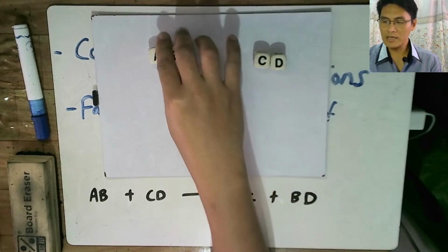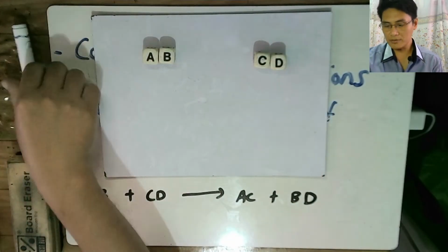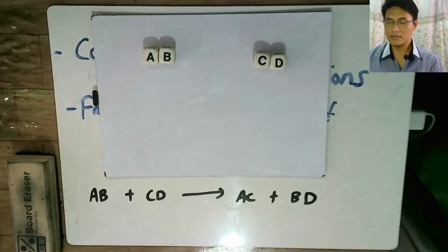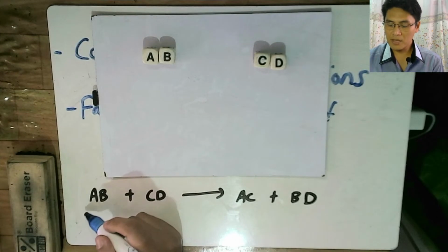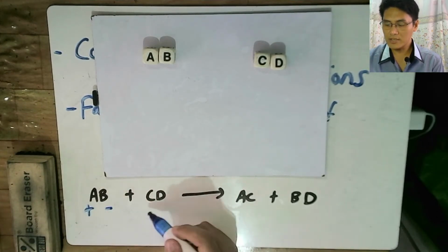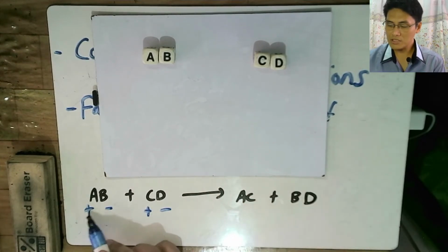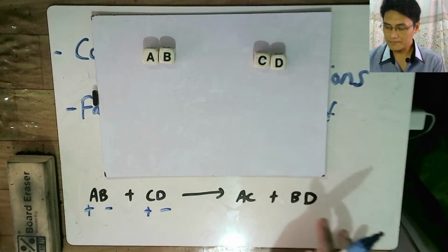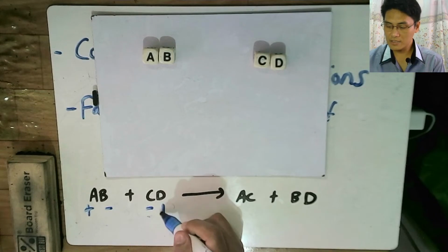And usually if these are ionic pairs, for example, like NaCl or something like that, the A is a positively charged ion and the B is a negatively charged ion. This is positive, this is negative. And in this case, this is negative here and this is positive.